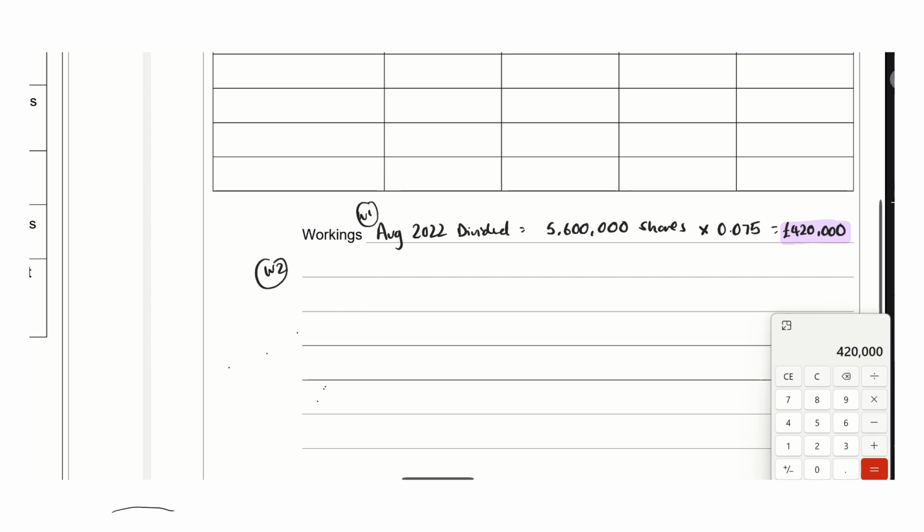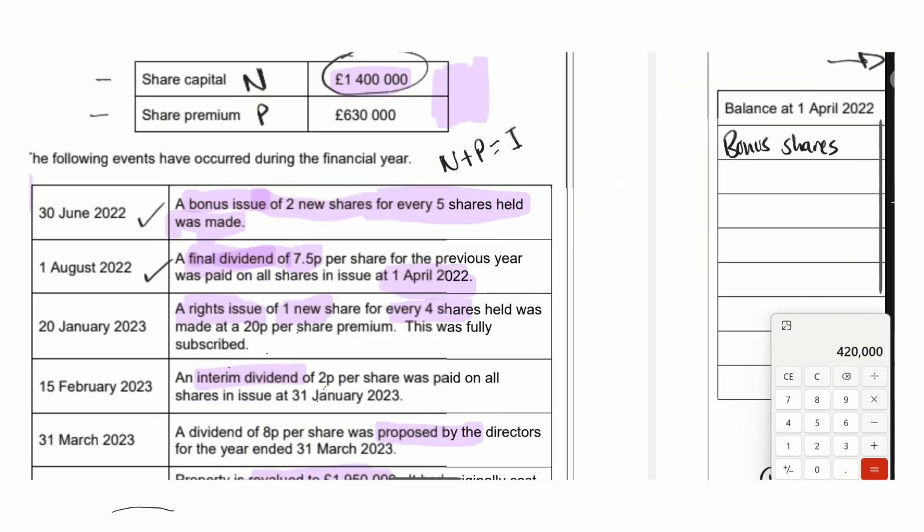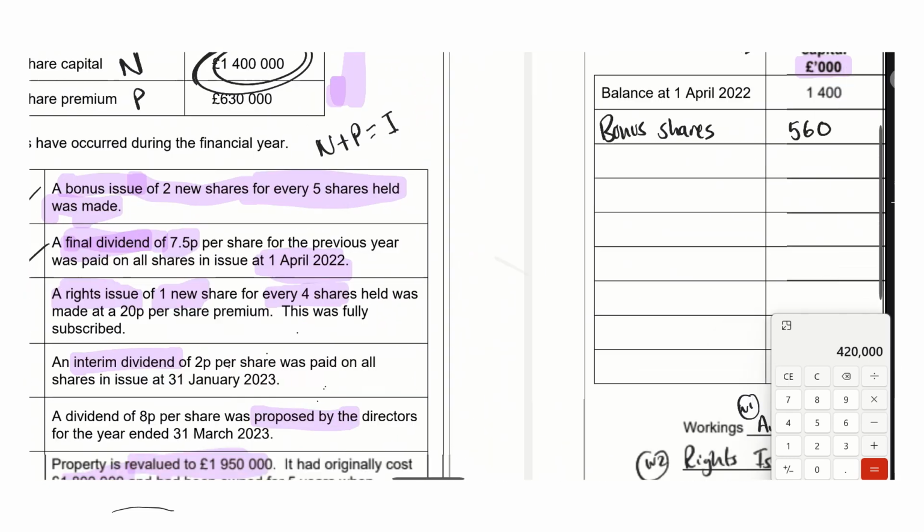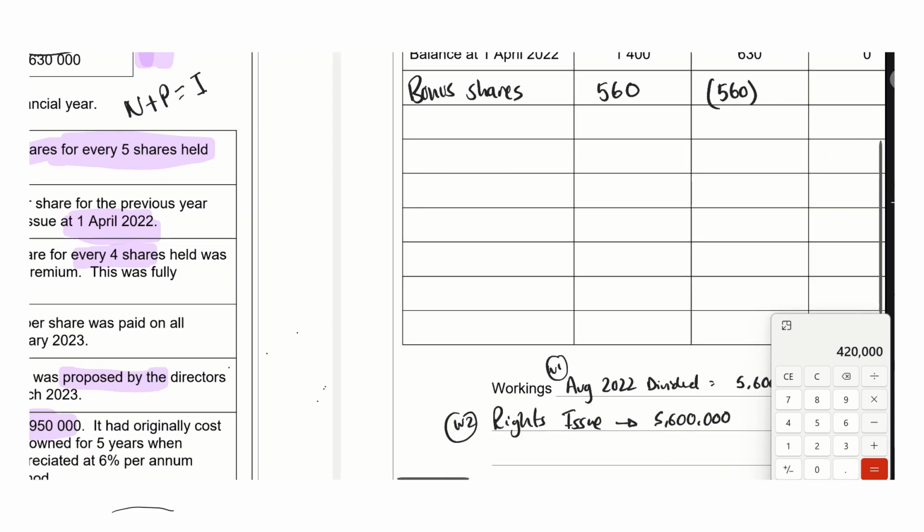Let's write that down. So this is going to be your rights issue. You have already 5.6 million shares. We established that based on the original share capital of 1.4 million. Now, we also issued some bonus shares.